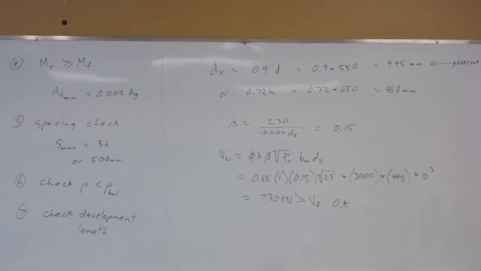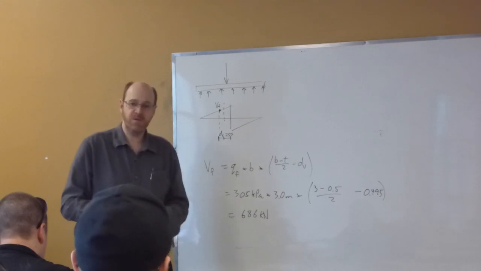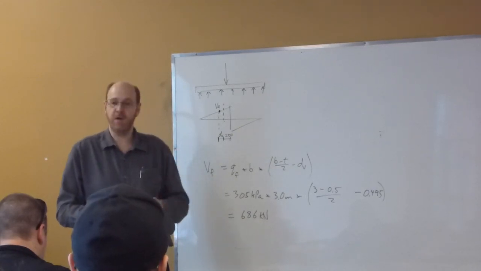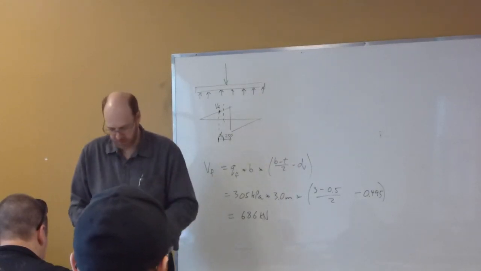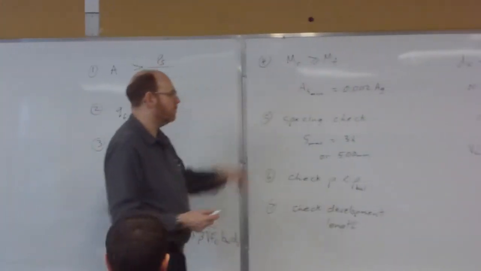Generally speaking, you're going to be reasonably close after having done your two-way shear, even if it doesn't work with a one-way. So we tried 650. If that didn't work, I would try 700, or maybe 750. If you're doing this in a spreadsheet, all you do is change that number and iterate as you go. We've now gone through and done our shear check. Next, we're going to take a look at our moment calculation.